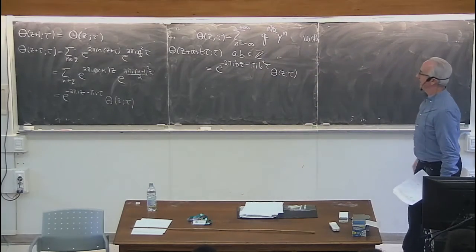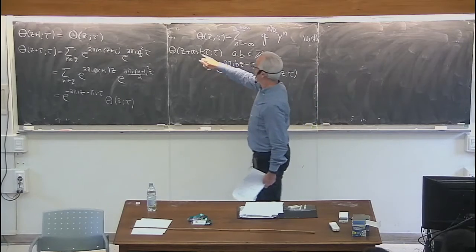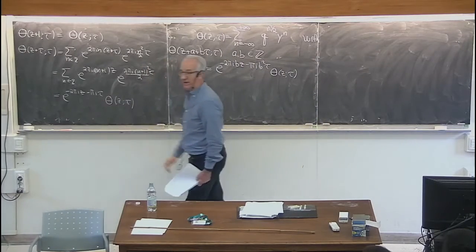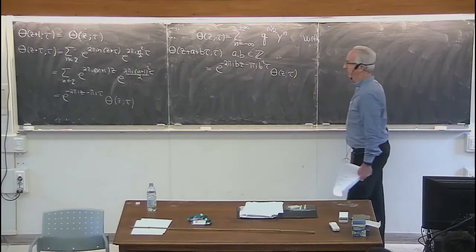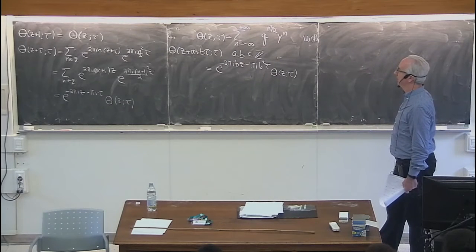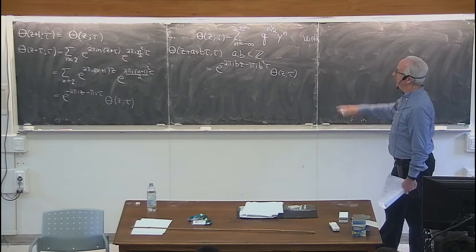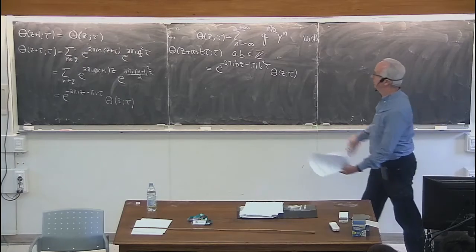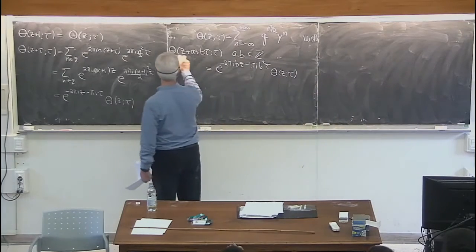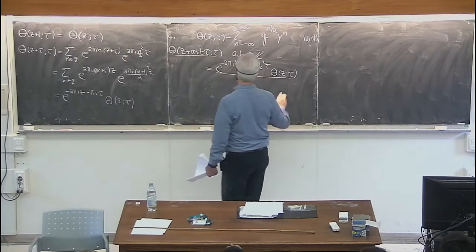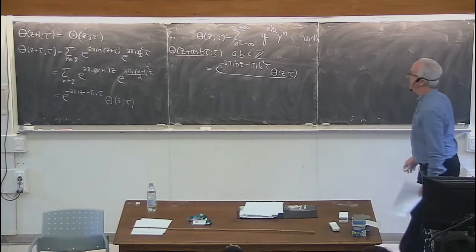Shifting by an integer doesn't do anything. Shifting by an integer times tau just gives me this factor back b times. So these two transformations, or this one transformation law, which summarizes the other two, means the following.